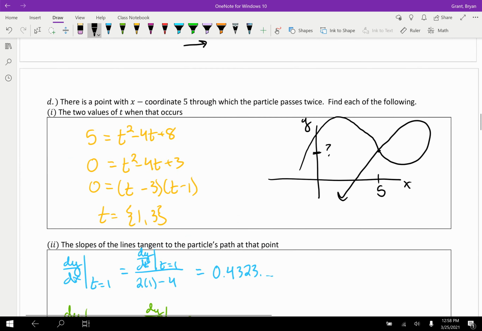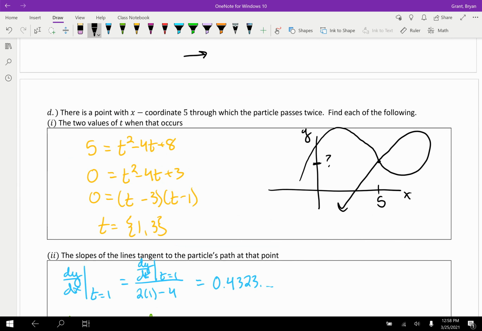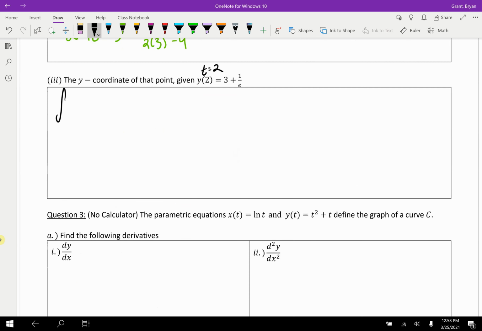The y-coordinate at this point is found at a time of either 1 or 3, and either will give us the same y. So we can either go from 1 to 2 of y prime of t dt, or we can go from 2 to 3 of y prime of t dt.